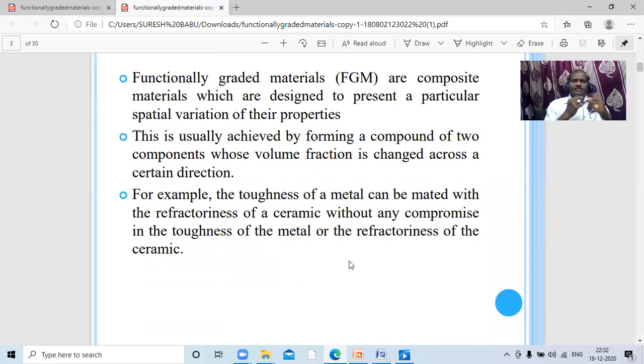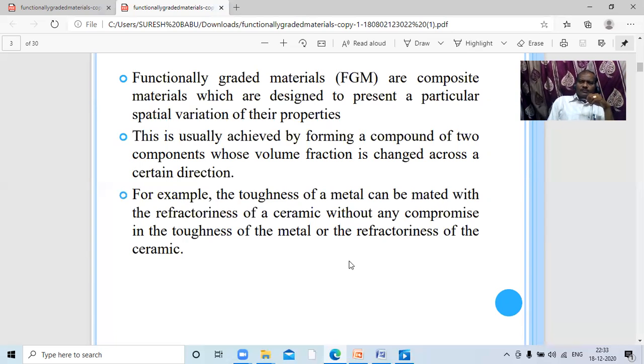Functionally graded materials are composite materials which are designed to present a particular spatial variation of their properties. Let us study this concept in depth. FGMs are composite materials which are designed to present a particular spatial variation of their properties.